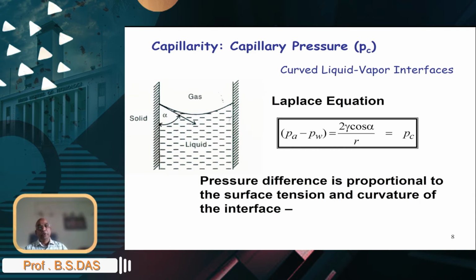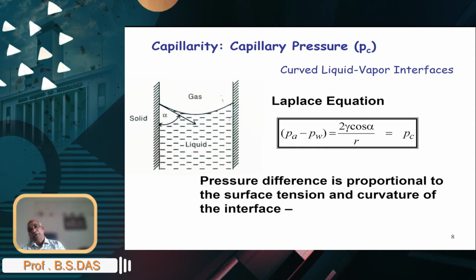And generally, you will notice that the pressure on the gaseous side of the interface is more than the pressure on the liquid side of the interface. That's the reason why that surface is curved.